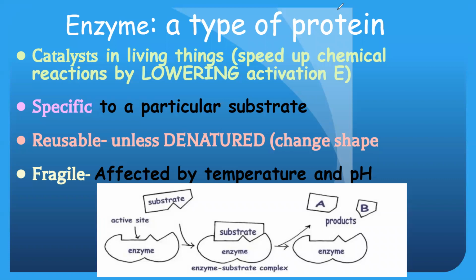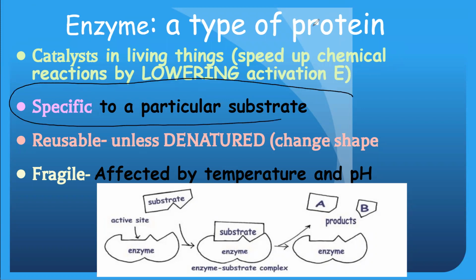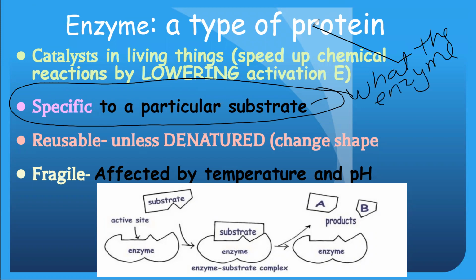All right? So enzymes, we learned, are catalysts. They speed up reactions by lowering that activation energy, lowering that energy to get started. We know that they're specific to a particular substrate, which is what the enzyme binds or breaks, right?